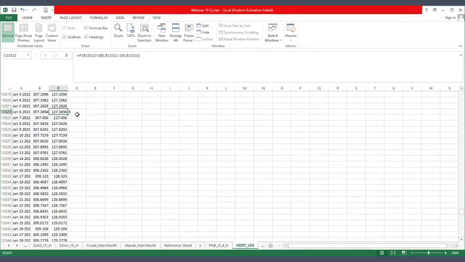So around 127 degrees, this cycle is going to come. Now let's check for 127 degrees in other cases also. So this cycle is coming around 127 degrees, 6th of January. We will make a table here: date, 6th of January 2021.